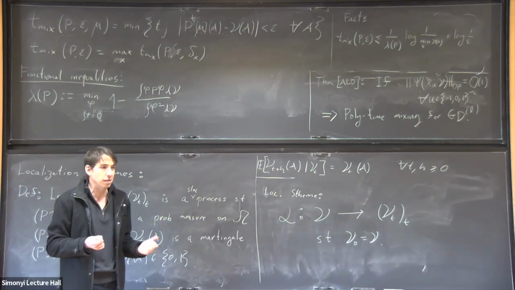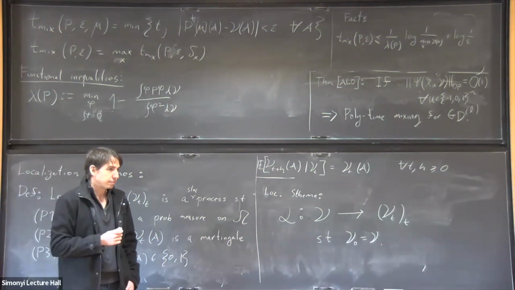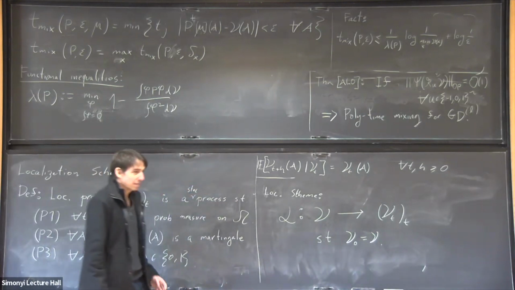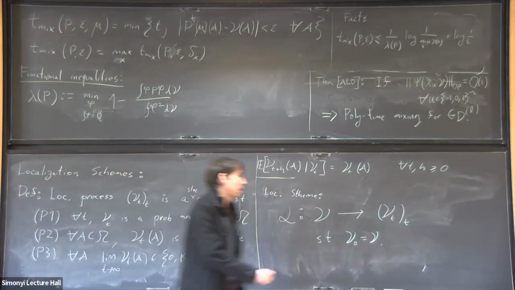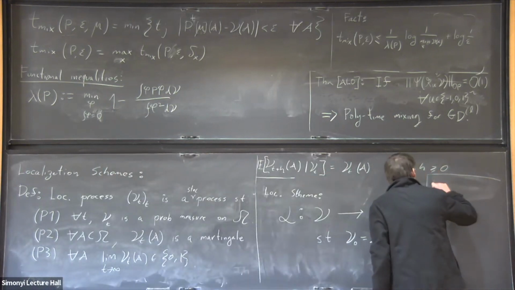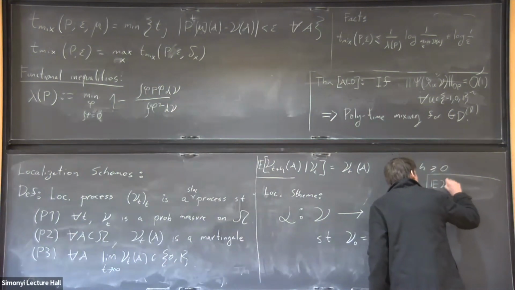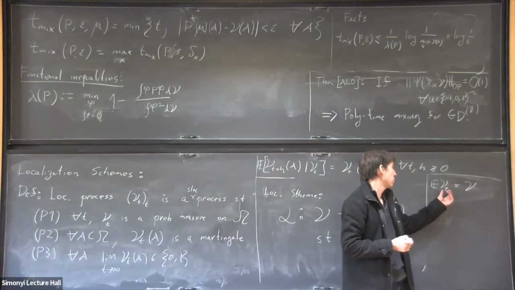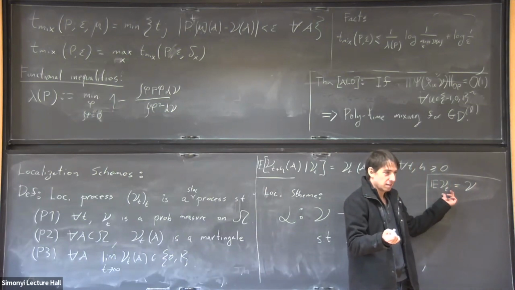The martingale should be the result of the sample, right? It's a sample. Again, this limit point is a sample. Yes. The martingale property means that the expectation of nu t for any t is just nu, which means that the expectation of nu infinity is nu.